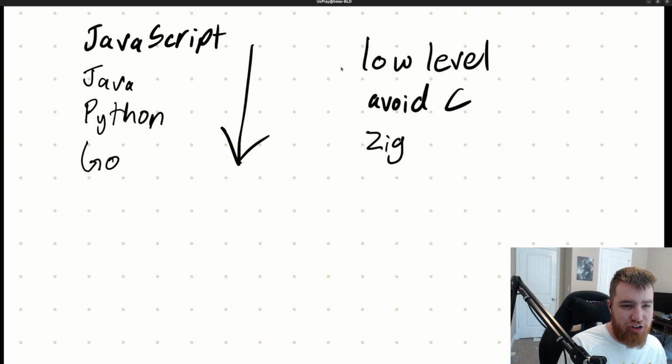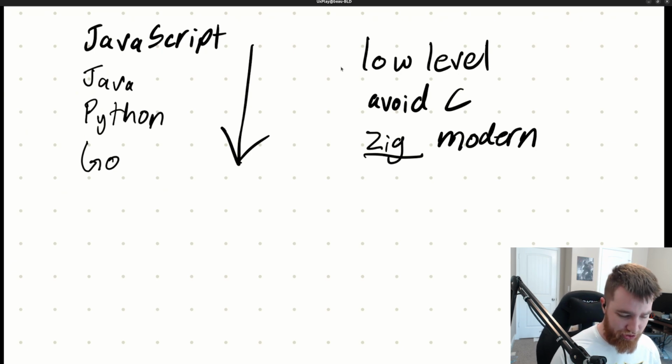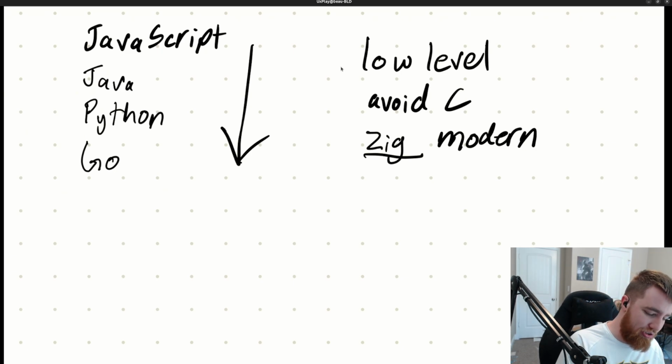There's Zig. If you guys haven't seen this, this is like a very modern C. Very, very strict, very manual memory management and stuff. This is the hole a lot of people go down. There's also, I would love to write it, Jai, but this is closed.